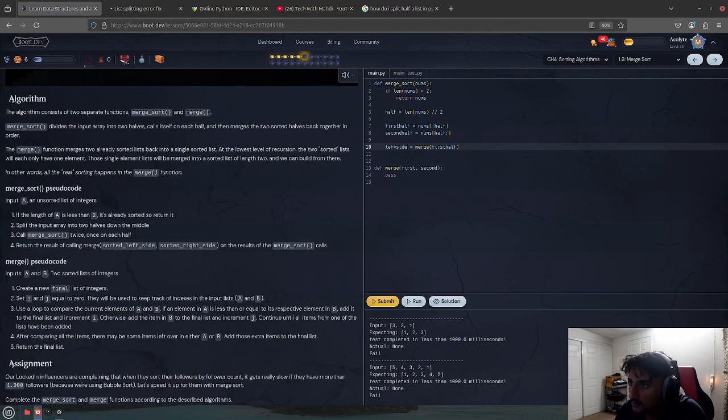Left side sorted first, no, sorry, right side sorted, just merge, sorry, merge sorted, yeah, merge.